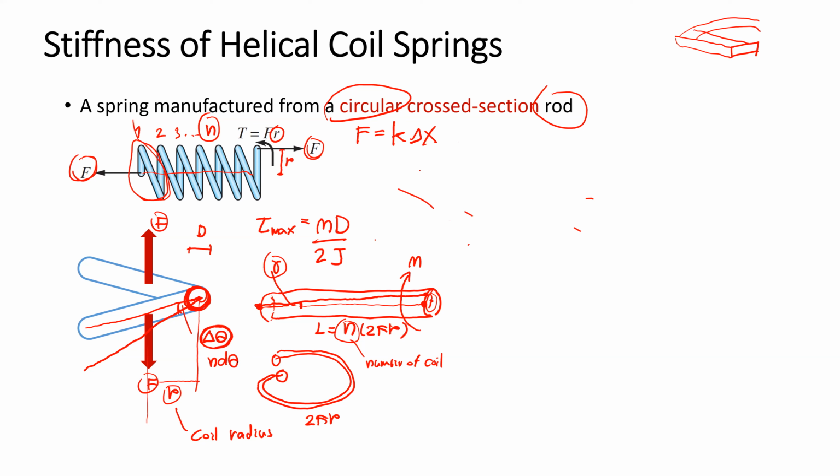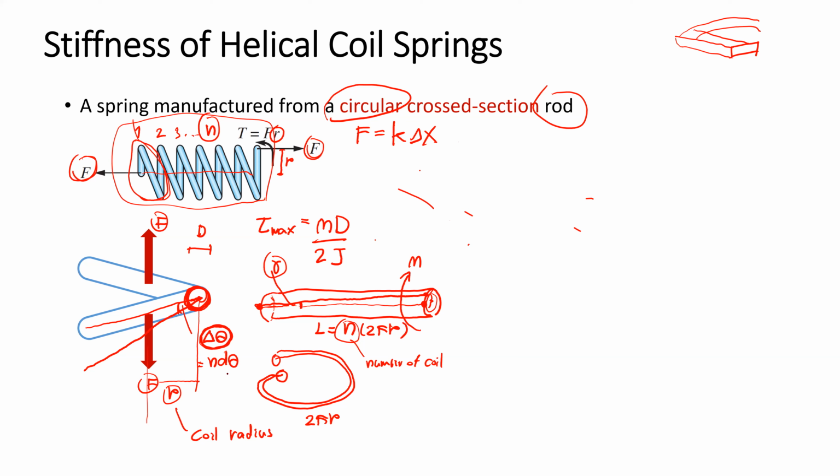But in this case, what I'm going to write is that delta theta is the total angular deformation for all n coils.